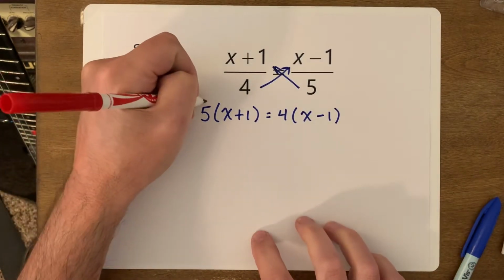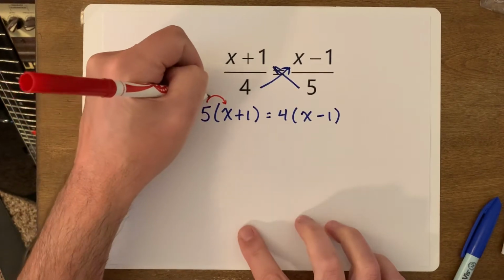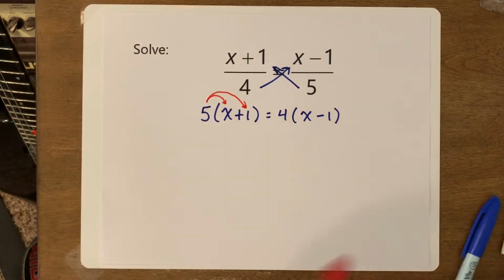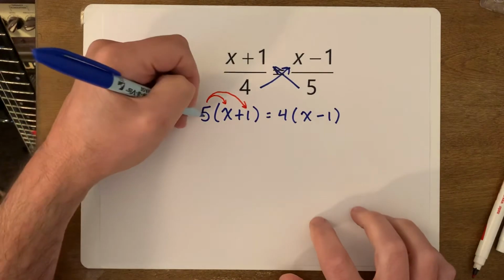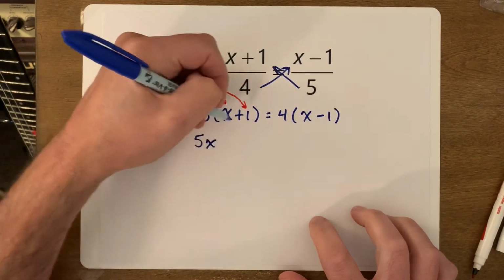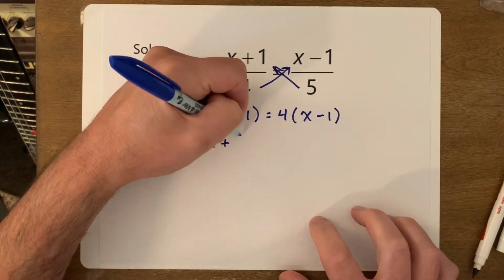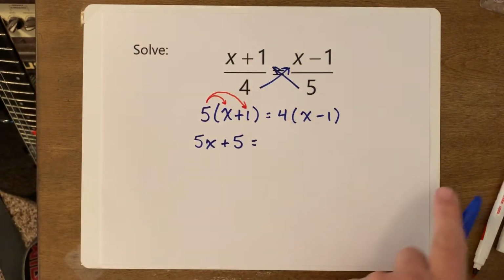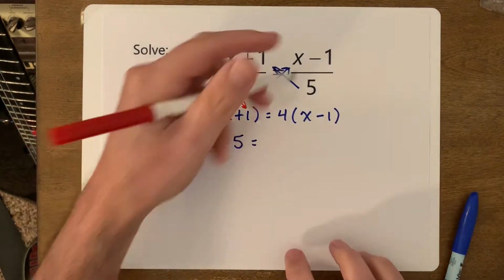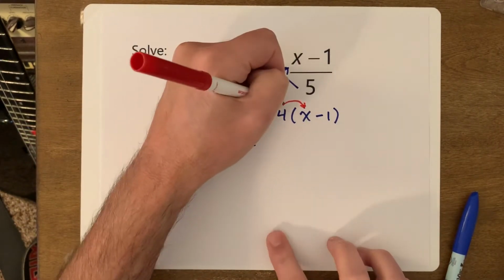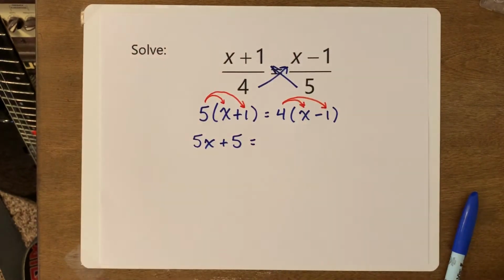So we now need to distribute the 5. I always start with the left side. And I'm going to get 5x plus 5 equals, and now you got the other side, distribute and distribute.